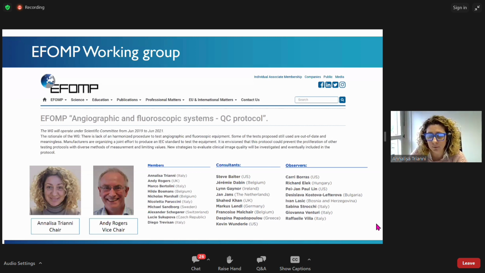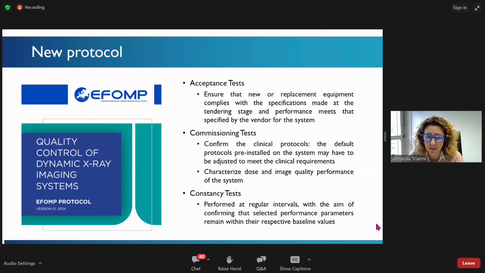The group was composed of members, consultants, and observers. Mainly the members worked on developing the text, and consultants and observers were supporting the work. The protocol was published last week, so it became public last week on the EFOMP website.